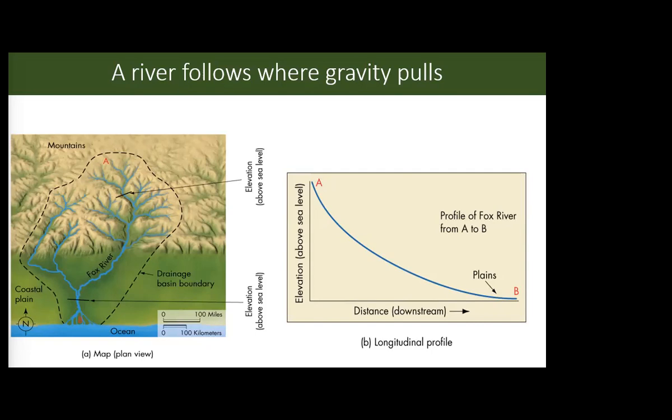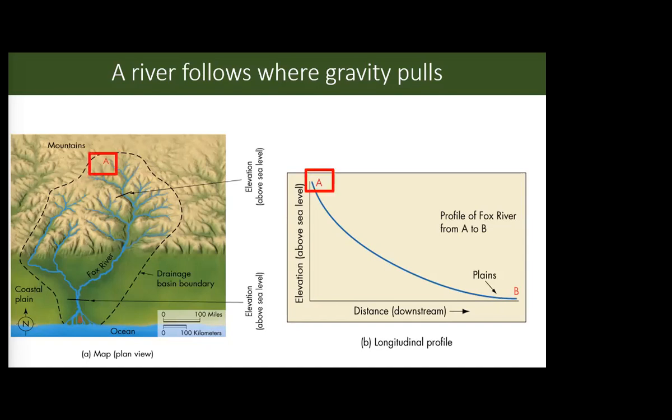If we took a GPS measurement at every point along that, this is the shape that we would get if we graphed those points out. So as you increase in your distance downstream, you're going to decrease in elevation on some exponential curve. Sometimes they have different shapes, but usually it's this general shape.